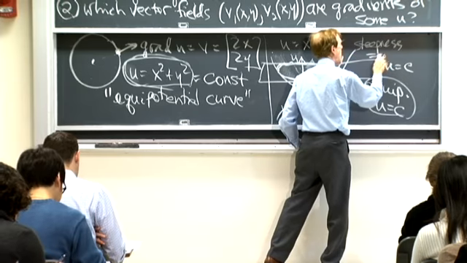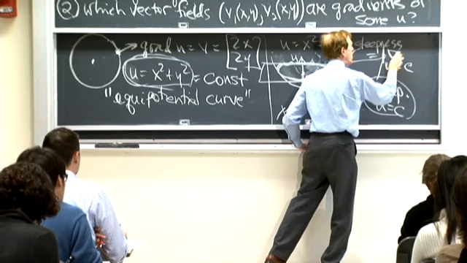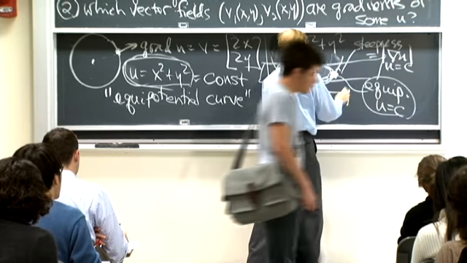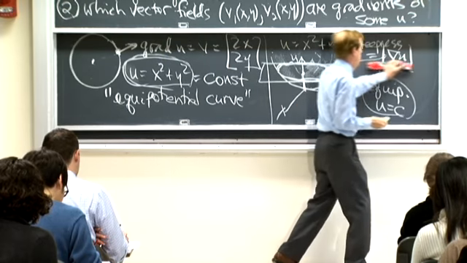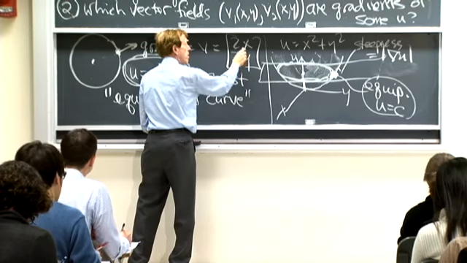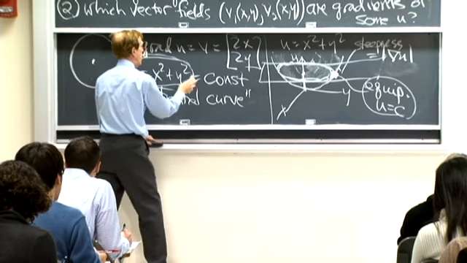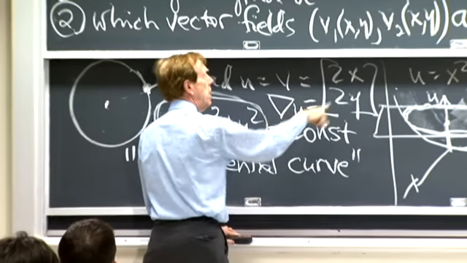It's the magnitude of this vector grad u. This is my vector grad u, another shorthand notation for gradient.